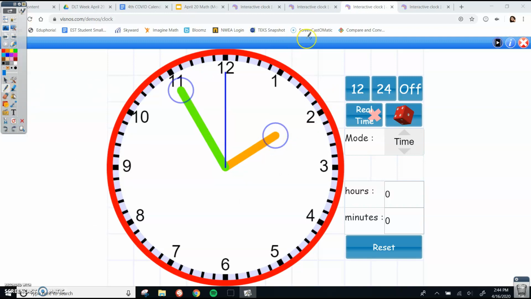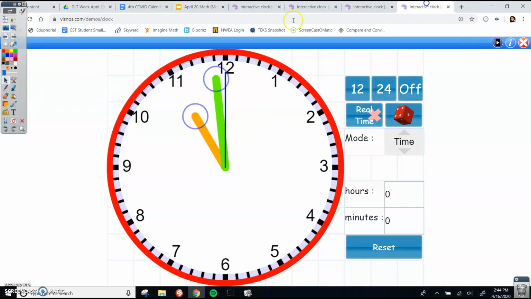All right, one more. Okay, we have our hour hand. It's pointing at the 11, but you have to look at the minute hand. The minute hand is between the 11 and the 12.